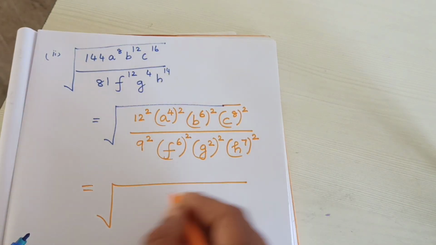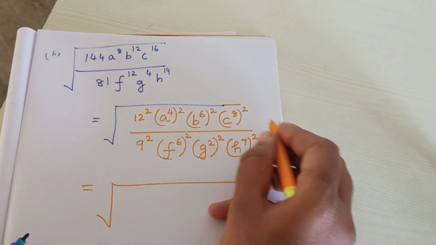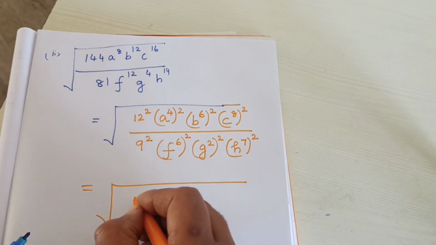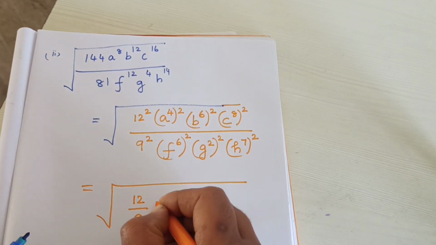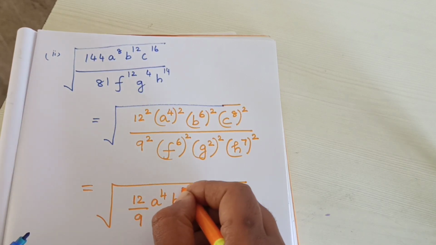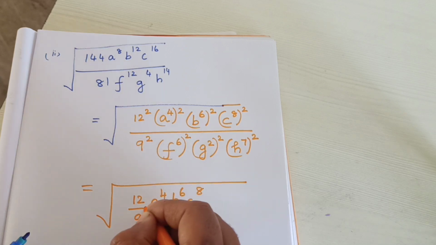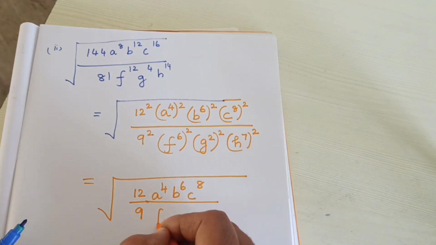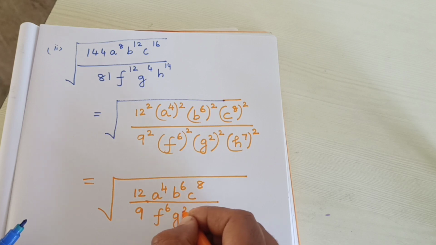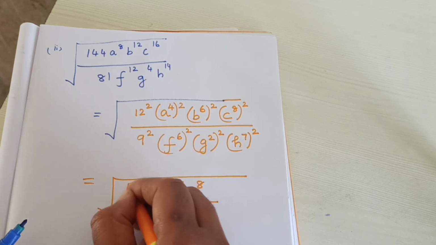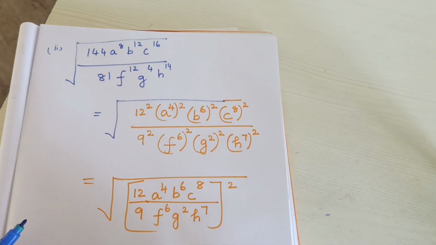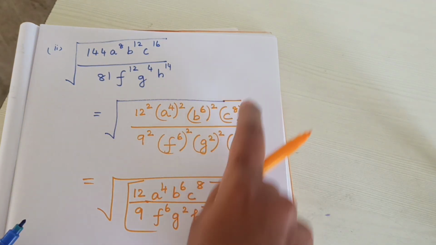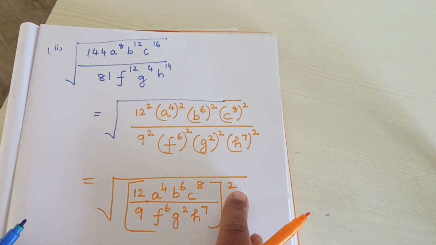Therefore, the square root of, here except the power you need to write the remaining term: 12 by 9, a^4, b^6, c^8 divided by f^6, g^2, h^7, the whole square. Okay, all the power 2s I am writing one time.